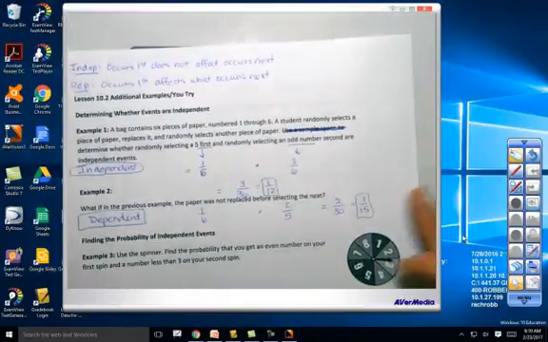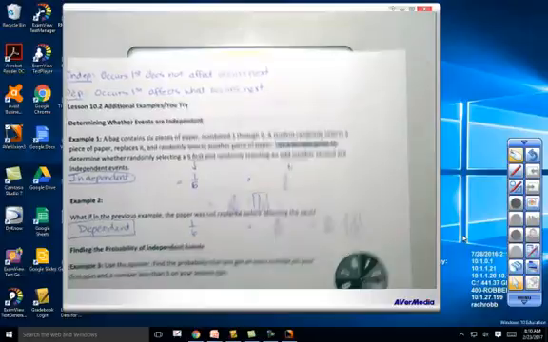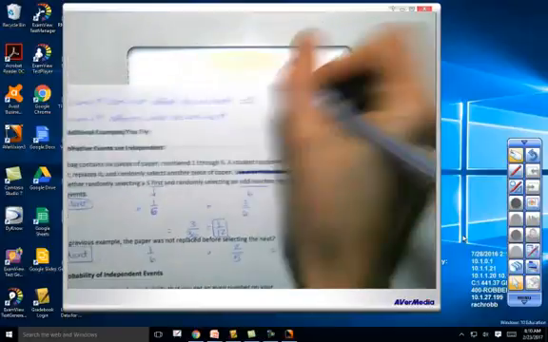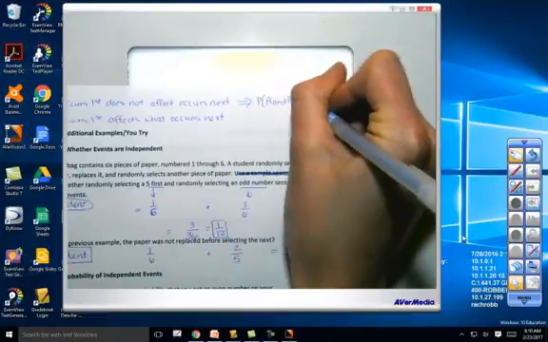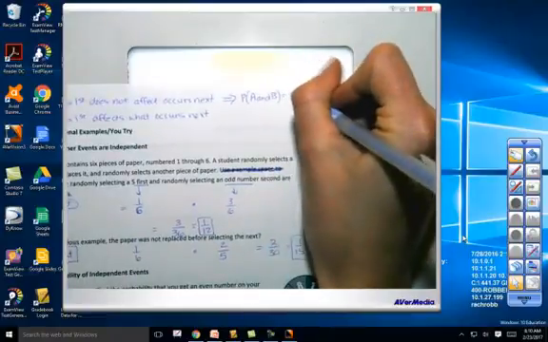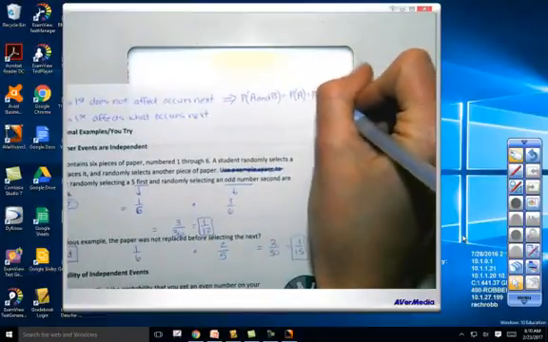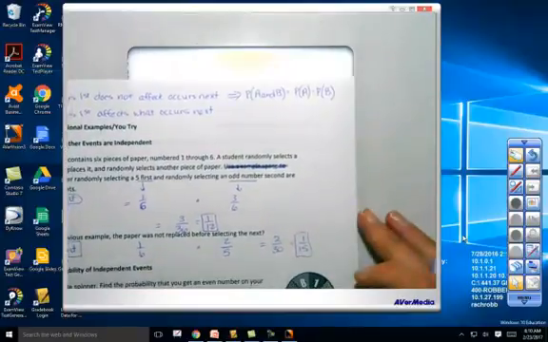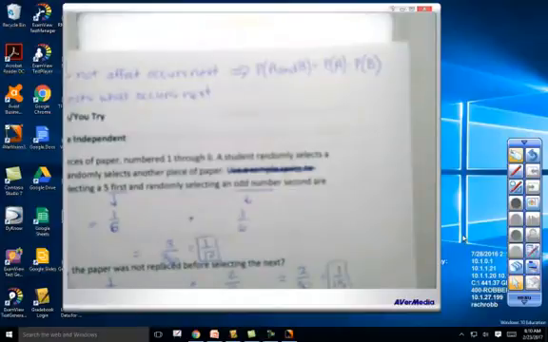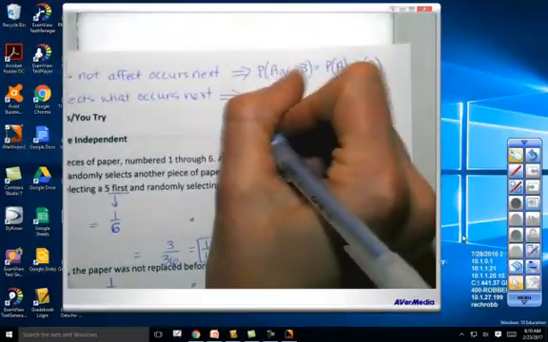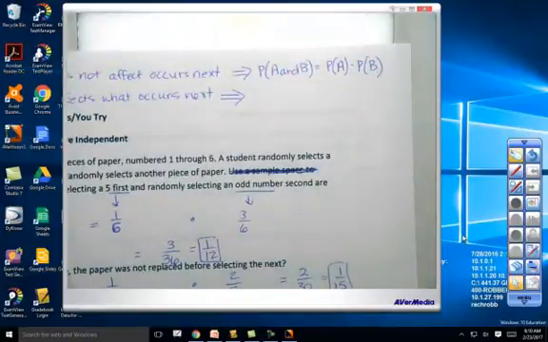All right, up at the top of your paper, if your events are independent, then the probability of A and B occurring is the same as the probability of A multiplied by the probability of B. We just saw that happen. And while we're at it, let's write down the formula for dependent, although there's going to be some notation that we haven't mentioned yet.